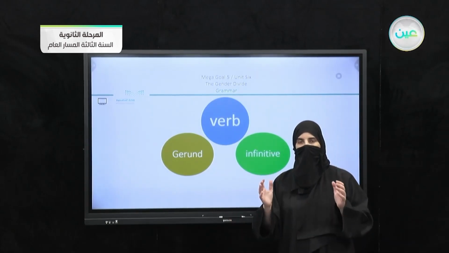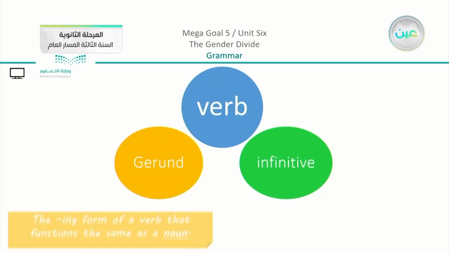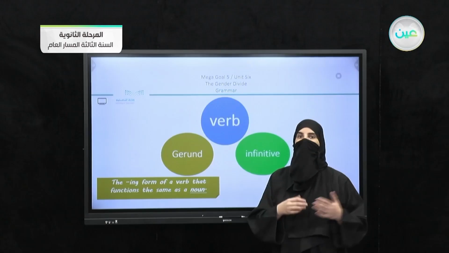We have the verb. It can be either a gerund, as we mentioned. Now we do know that the gerund, as in the example "stop worrying", is the ing form of a verb that functions the same as a noun. So when I have the ing with the verb, it sometimes turns totally from the form of a verb to a noun.